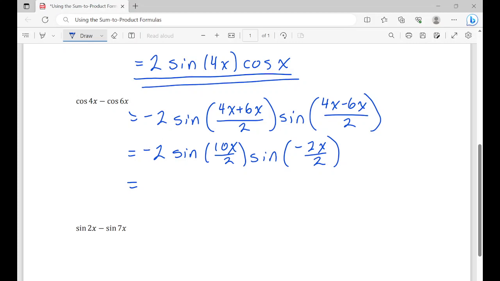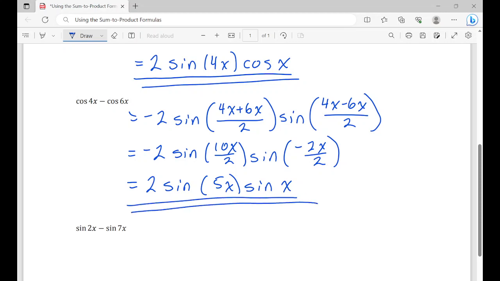So it's going to change this whole thing to a positive 2 sine of 5x sine of positive x. Again, even-odd properties means I could take the negative out here. And here is the sum to product formula for this expression.